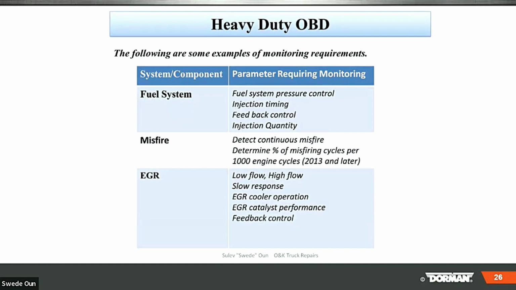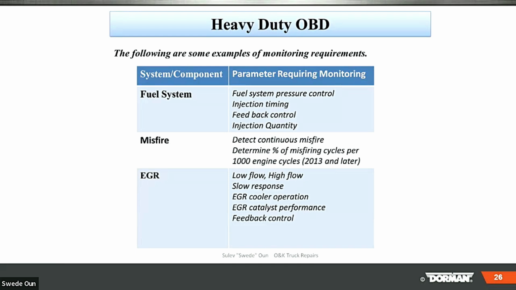Heavy duty OBD, real fast. Some examples, these are just examples. Fuel system: what's it going to look for? Fuel system pressure control, injection timing, feedback control, injection quantity. Misfire: detect continuous misfire, determine the percentage of misfiring cycles per 1,000 engine cycles. And I can go on and on.